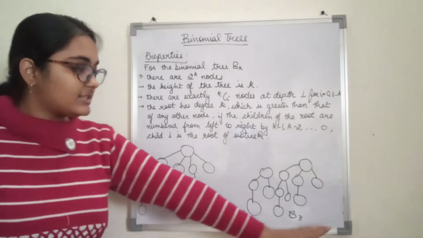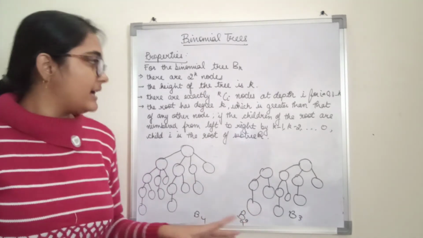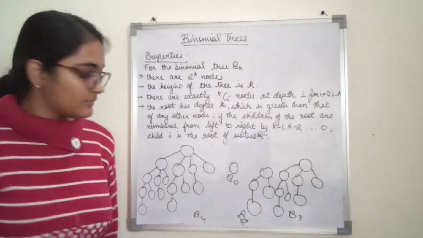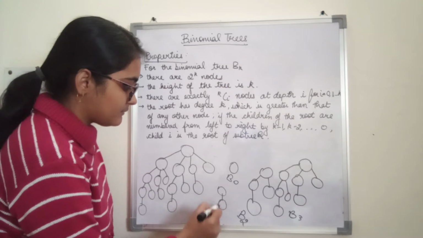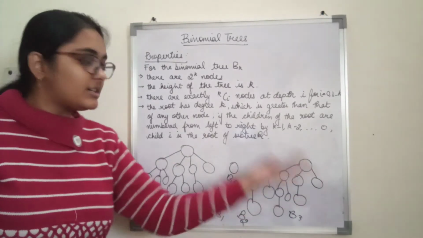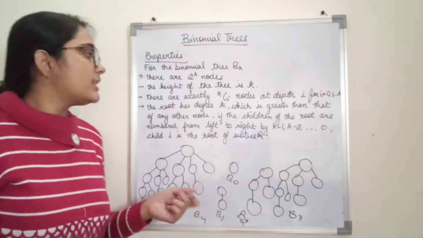This way any binomial tree Bk can be constructed. Let me draw B0 as well, and B1 as well. There are certain properties that are applicable to the binomial tree. So what are these properties?